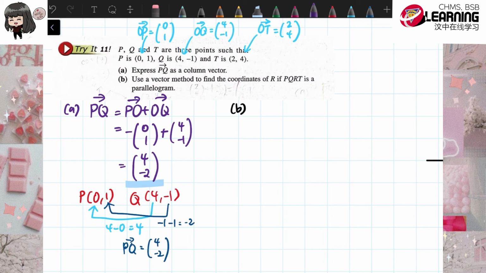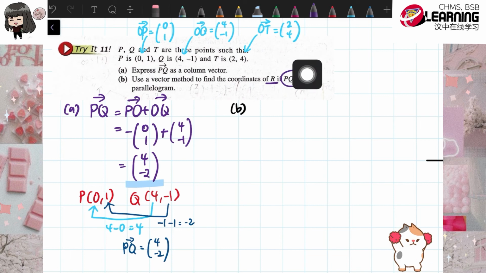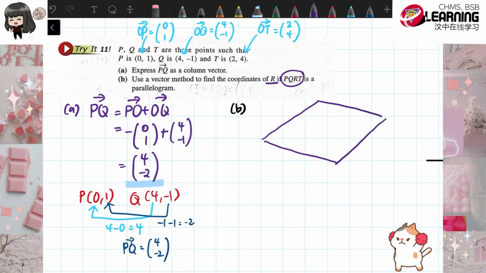Part B, use a vector method to find the coordinate of R if PQRT is a parallelogram. We have 3 points here, P, Q, T, but we don't have R. But they say PQRT is a parallelogram. So we roughly draft out the parallelogram, just a draft.